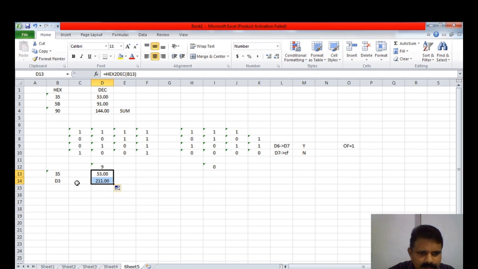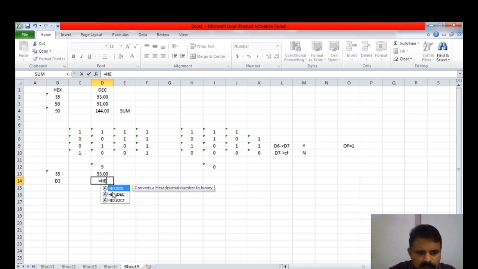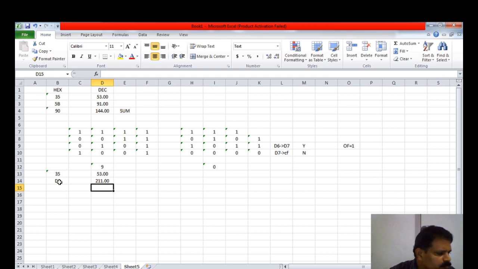It is correct. D3 is 211 in unsigned arithmetic, isn't it?